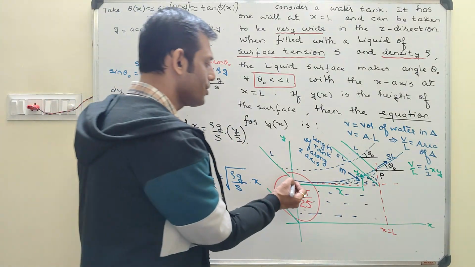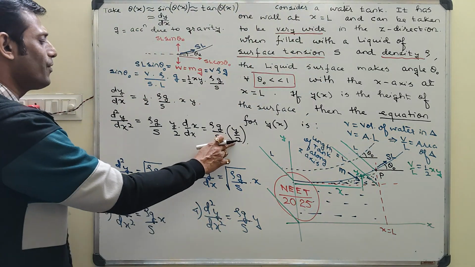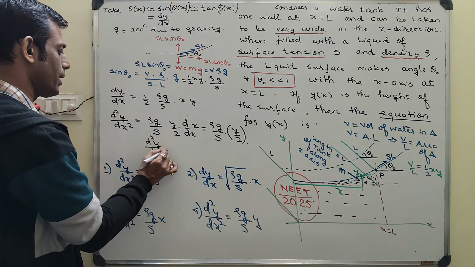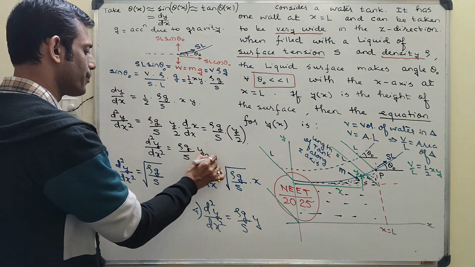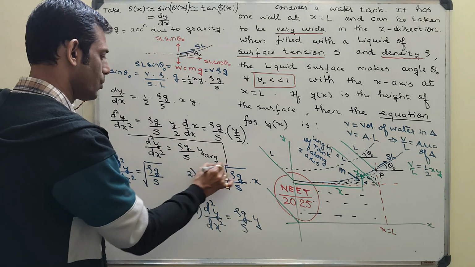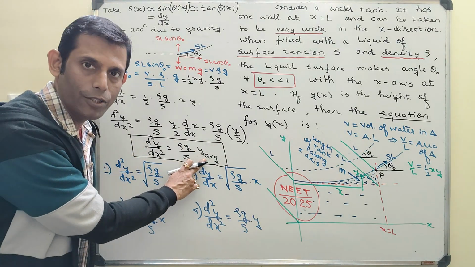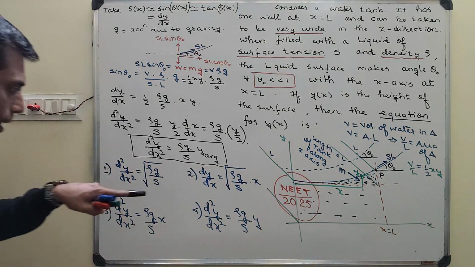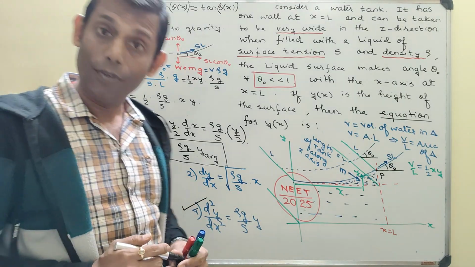That is, here if I consider the y value 0 and here if I consider the maximum value y, this is the average y. So therefore we can say d2y by dx square is equal to rho g by S into y average. Y average. That's the answer we can logically draw, and which we have only here, and this is the right option. This is the NEET 2025 question.